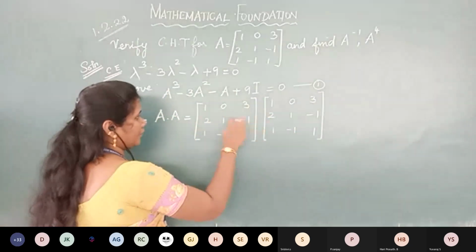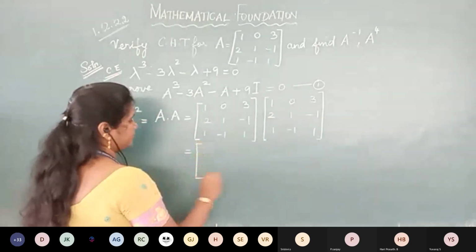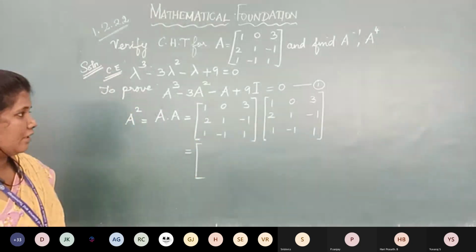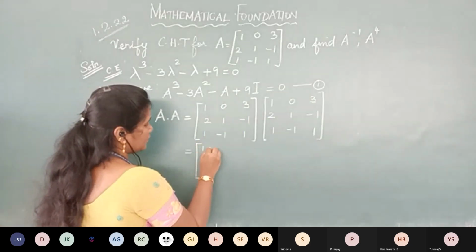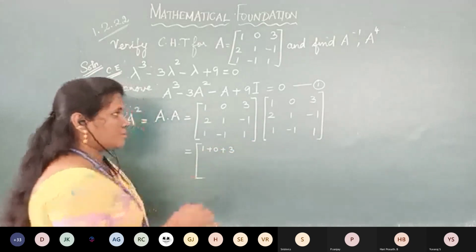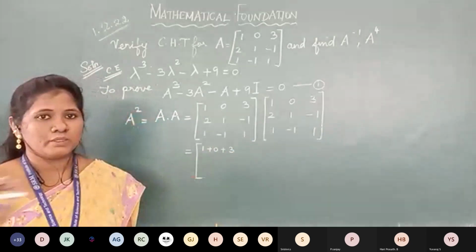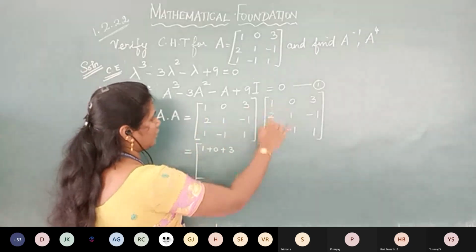Row and column. First row, first column, multiply and tell me the final answer. 1 plus 0 plus 3. Do it stepwise if you don't know how to do it directly. Okay, nothing wrong in that.